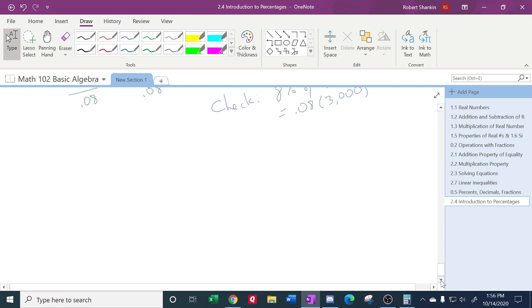Let's go to F. $16 is 40% of what number?